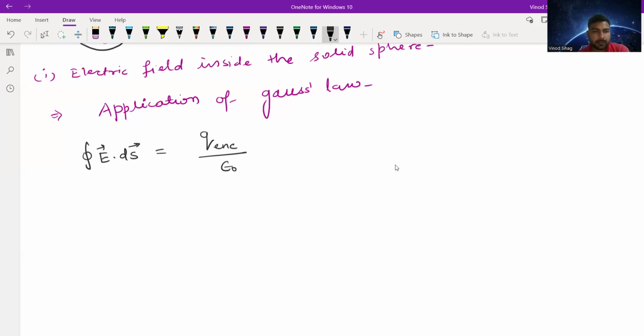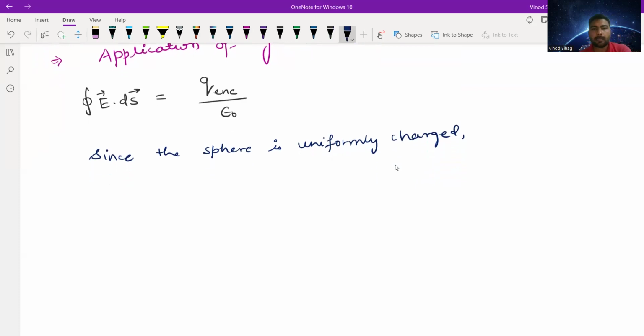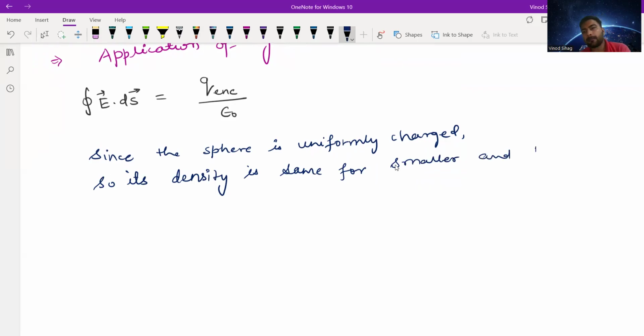Since the sphere is uniformly charged, its density is the same for smaller and bigger spheres.